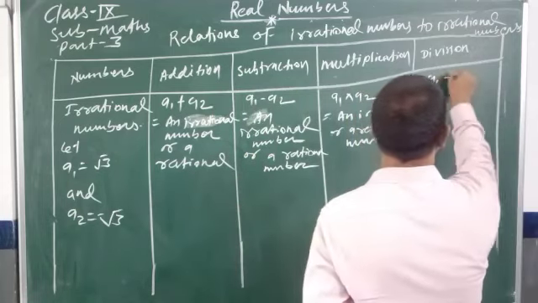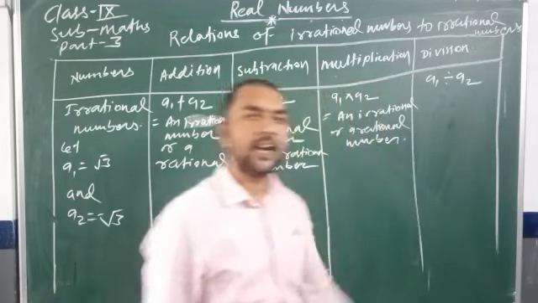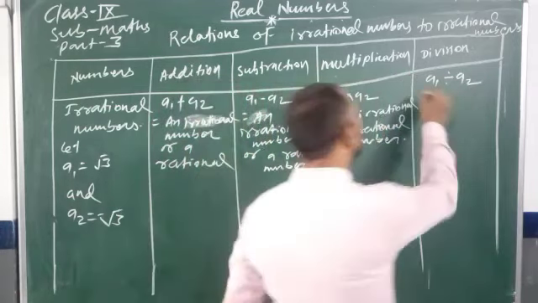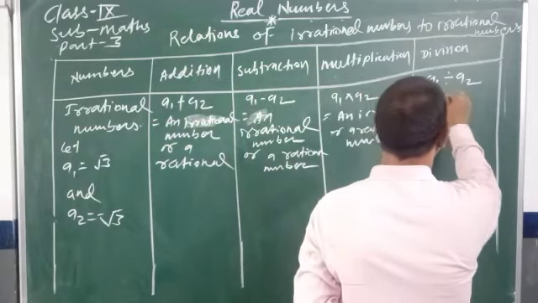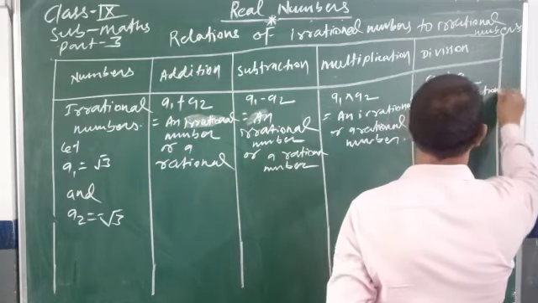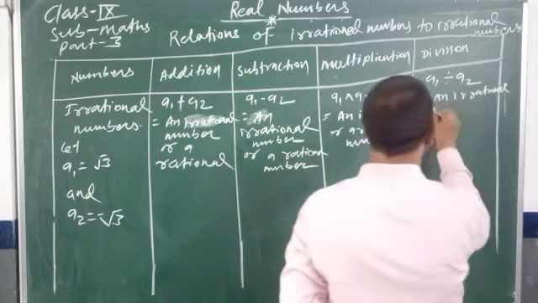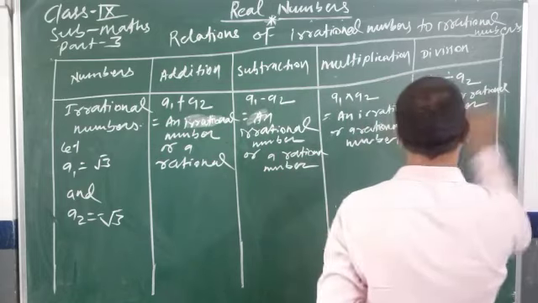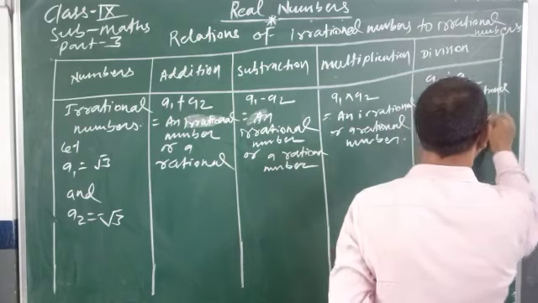We can write here that a1 divided by a2 is an irrational number divided by another irrational number. So we can get the result as an irrational number or a rational number.